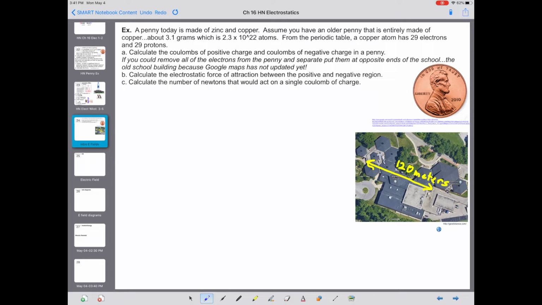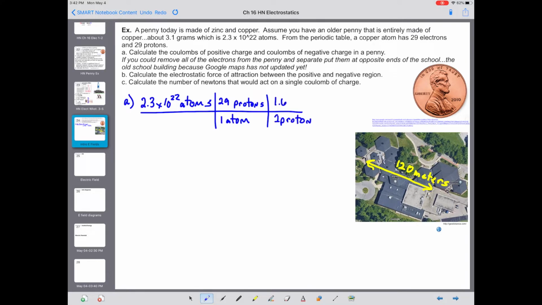First thing we want to do is calculate the number of coulombs of positive charge and the number of coulombs of negative charge. If I start with my number of atoms, we can convert that into a number of charges because each atom has 29 protons. Once we're in a number of protons, we know that one proton has a charge of 1.6 times 10 to the negative 19th coulombs.